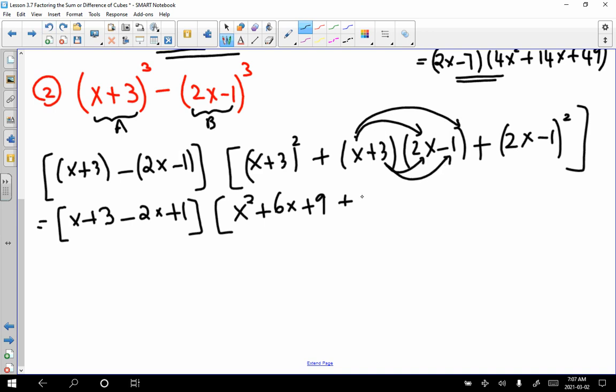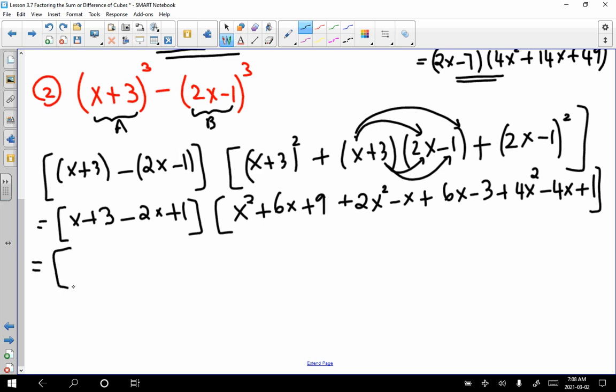So you get 2x squared minus x plus 6x minus 3. And then you're going to expand this using a minus b squared, which is a squared, I'm just going to square it, 4x squared minus 2ab, so 2 times 2 is 4x, plus b squared, so plus 1 squared, which is 1.